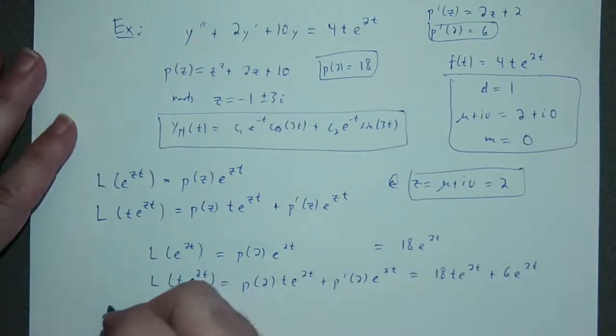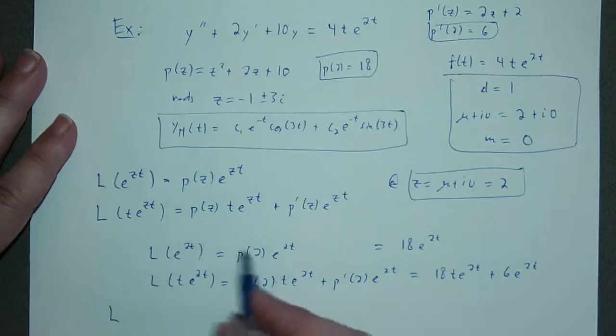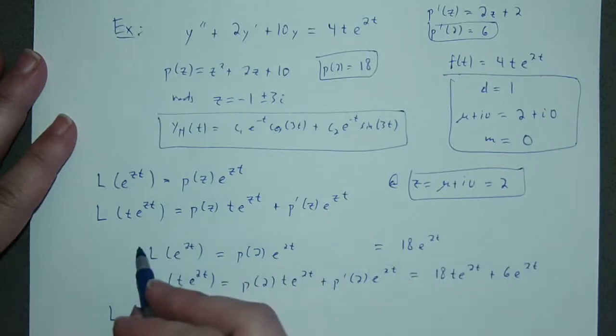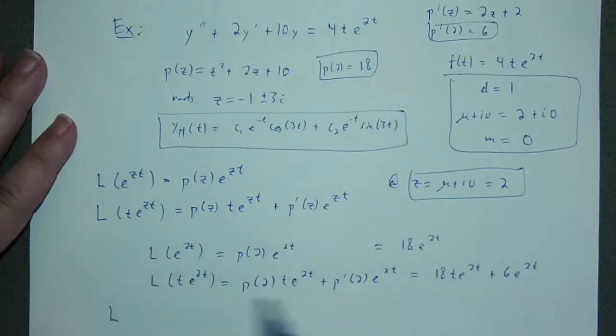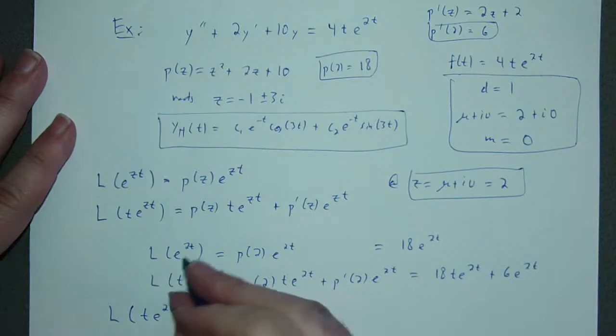How do I do that? So if I'm going to subtract 1/3 times this first line from this second line, since L is linear, this would be L of t e to the 2t minus 1/3 e to the 2t.